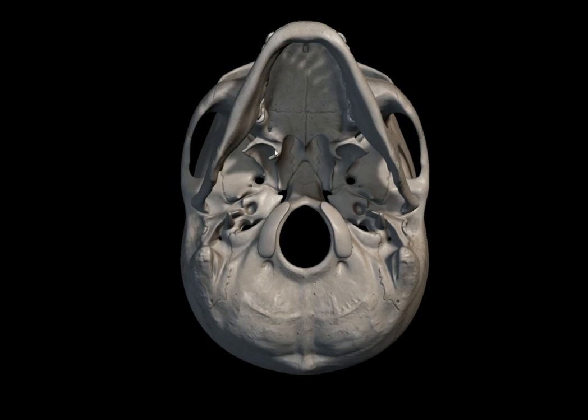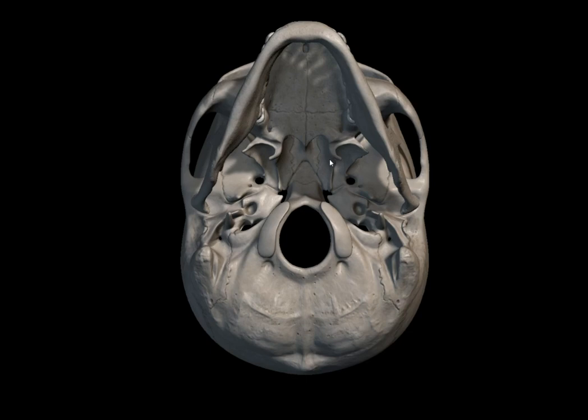There's paired projections that are part of the sphenoid bone, and this is the second time I've mentioned the sphenoid bone. The paired projections here are called the pterygoid processes of the sphenoid bone, and those pterygoid processes are projecting inferiorly. So there's a pterygoid process here, and there's a pterygoid process there.